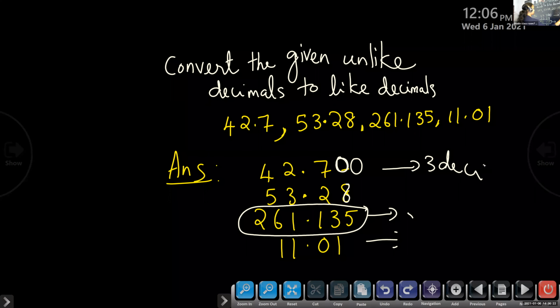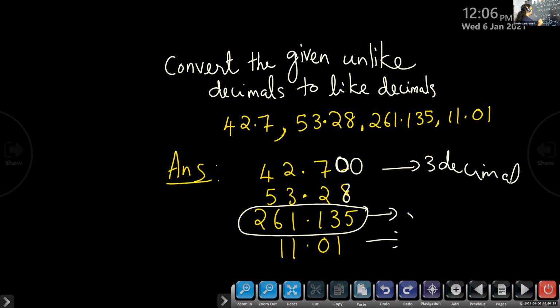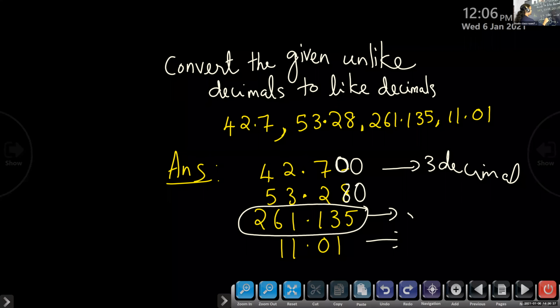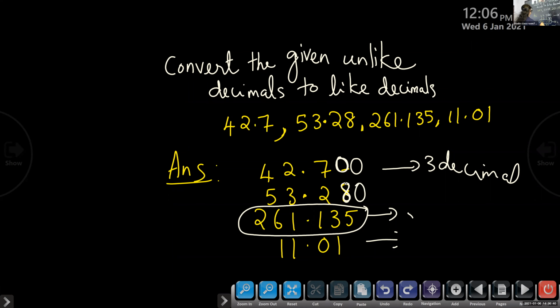Okay. What about the next one? 53.28. One zero. Where should I add the zero? After 2 8, I have to add a 0. So now how many decimal places in total? 3.